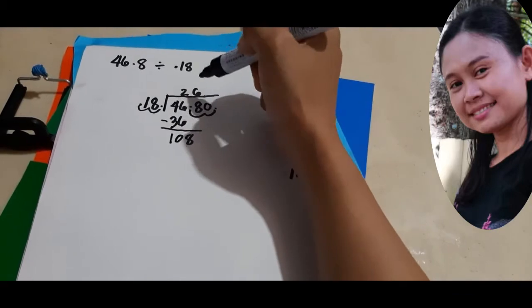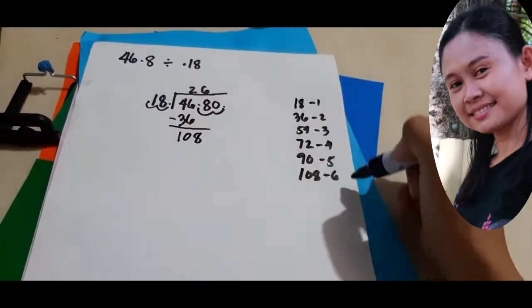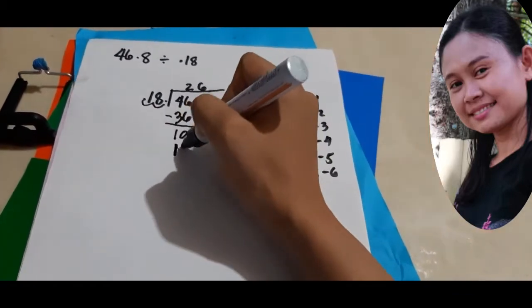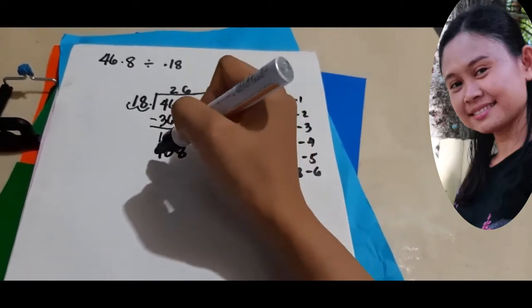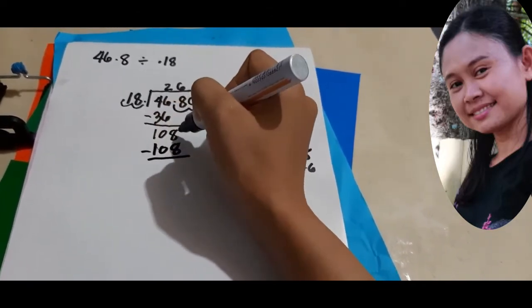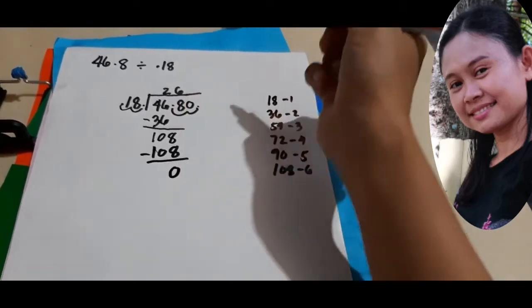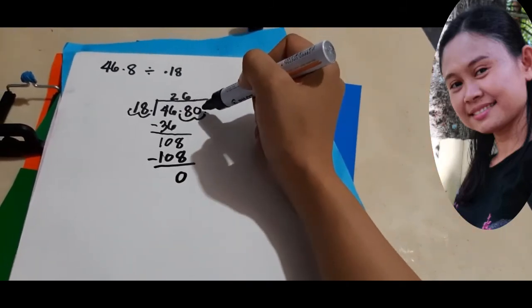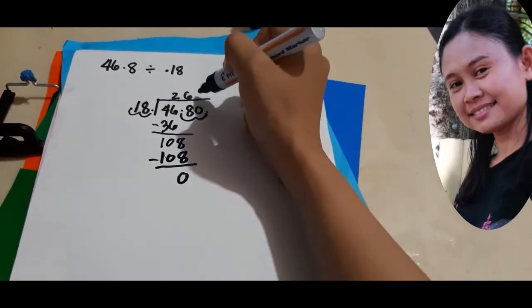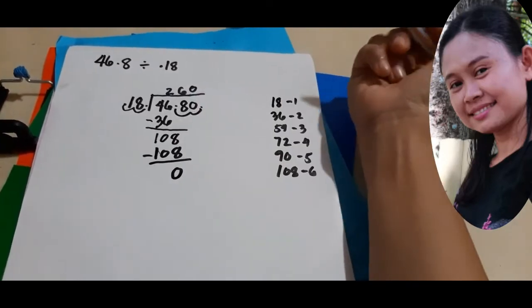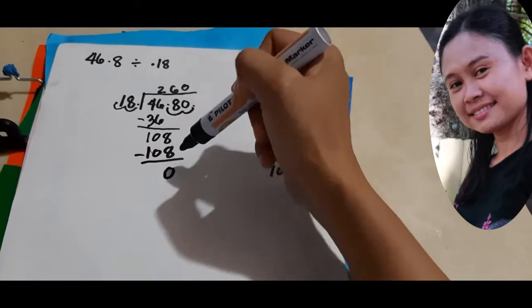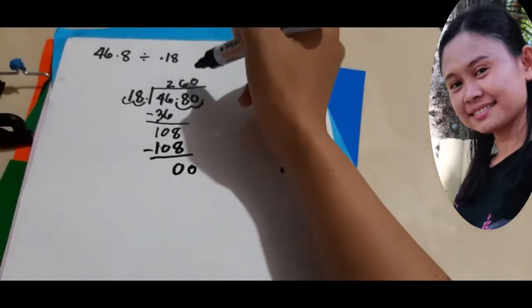Then multiply. 6 times 18 equals 108. Then subtract. 108 minus 108 equals 0. Since the remaining digit here is 0, we just put it up. Or you can do it this way. Bring down the 0. 0 divided by 18 equals 0.